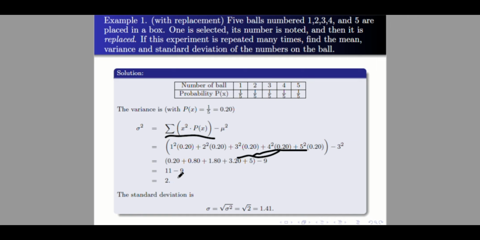Using your calculator, we have 11 minus 9, which equals 2. So the standard deviation, therefore, is just the square root of 2, which is 1.41. So it means that the data are close to the mean.